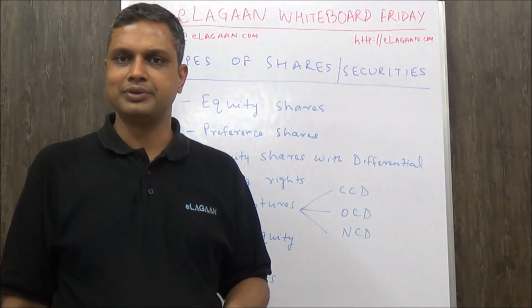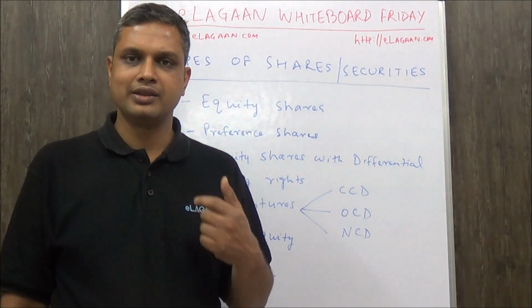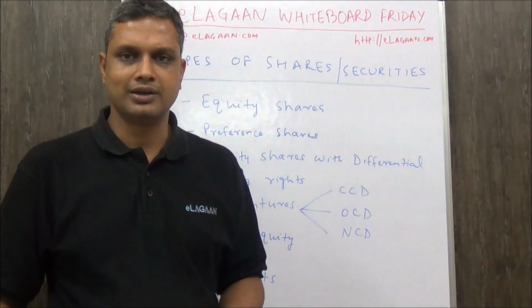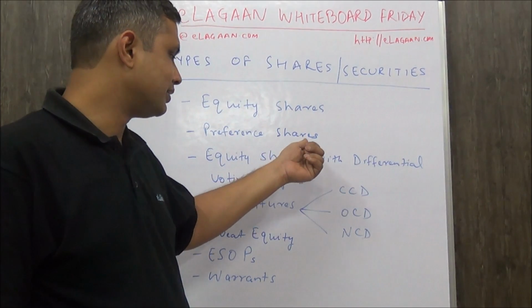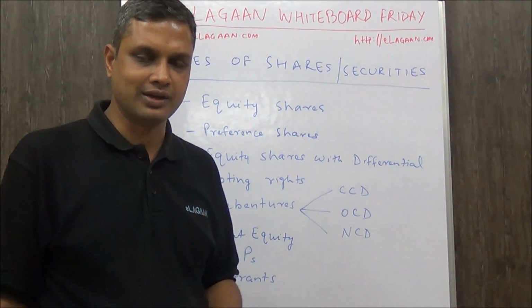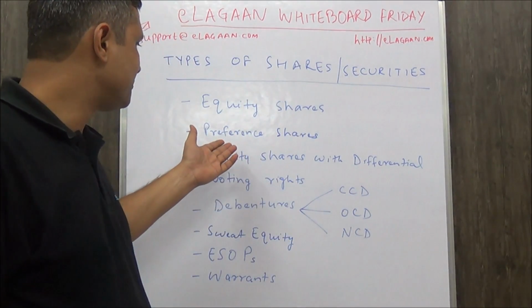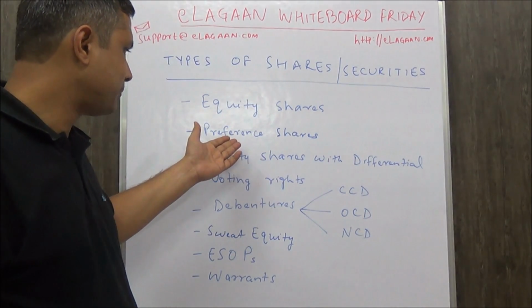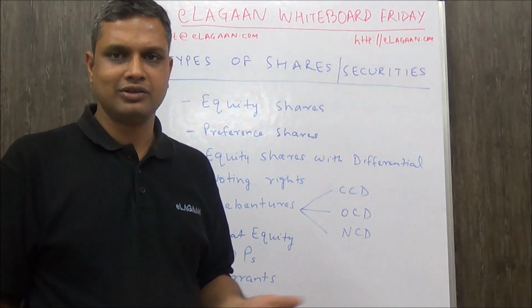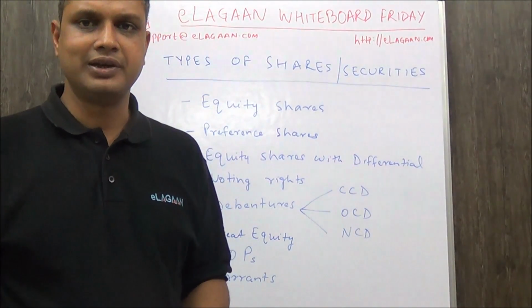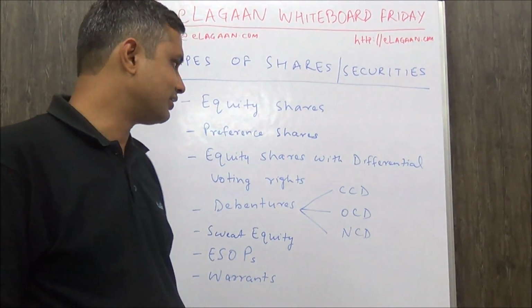In case the company does not do well, they would be the first to get the money back for their investment from whatever remains in the company. Secondly, there is also a small amount of dividend associated with preferential shares.